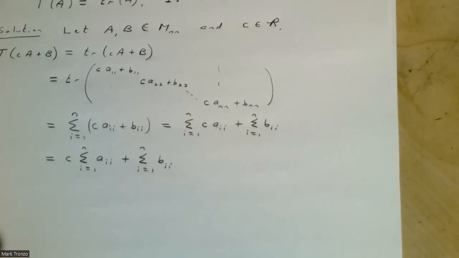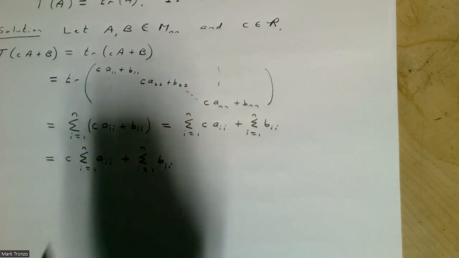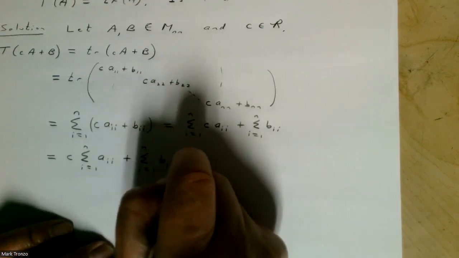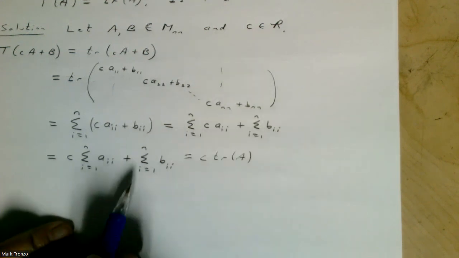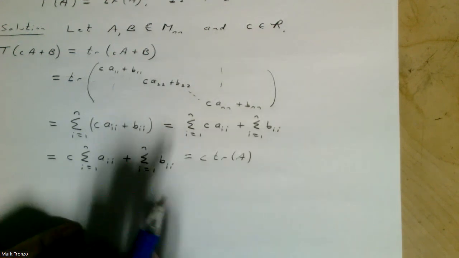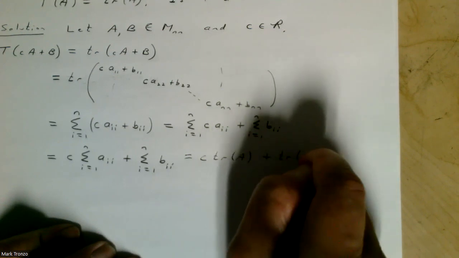Like this. Now, remember, what is this? This is just a sum of all the diagonal elements of A. So this is precisely the trace of A. This is the sum of all diagonal elements of B. So that's the trace of B.